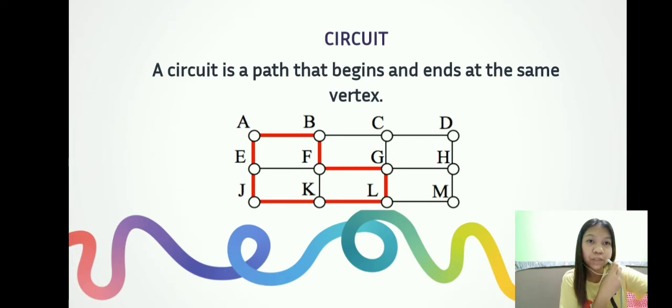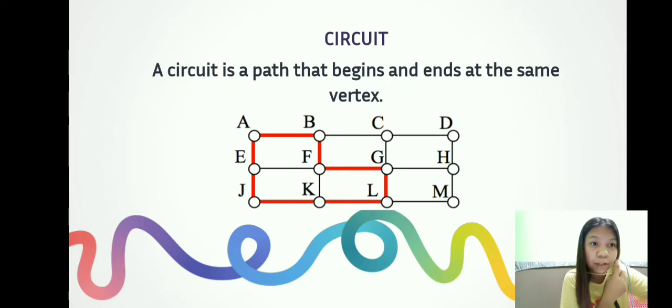So the difference between a path and a circuit is that a path does not repeat the vertex itself. A circuit is a path but it does repeat the same vertex.